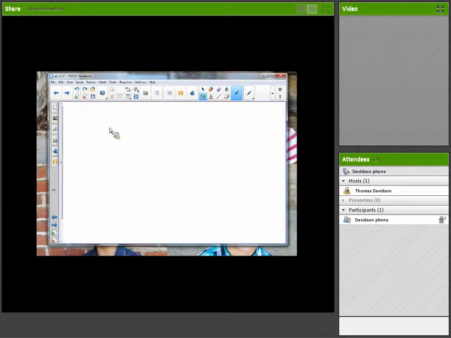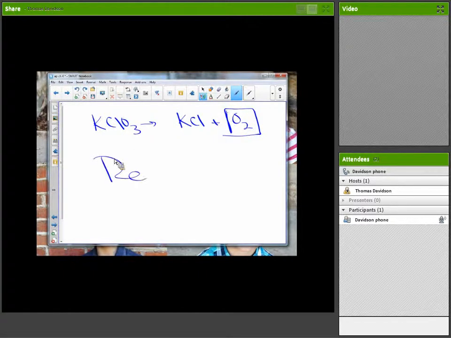This could also be an oxidation-reduction reaction, just a simple decomposition of potassium chlorate. It will decompose into calcium chloride plus oxygen. I have a lone element right there. That means this is a redox reaction. And it's a little bit complicated, but we'll come back to that eventually, and we'll work through it. You'll think, oh, I can do this.